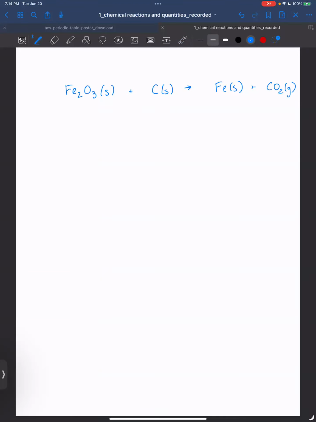All right, so we have iron, oxygen, and carbon. We have 2 iron on the left, 1 on the right, 3 oxygen on the left, 2 on the right, and 1 carbon and 1 carbon here. And so the first thing I see is iron, there's 2, so I'm going to try putting a 2 in front of here to balance it.